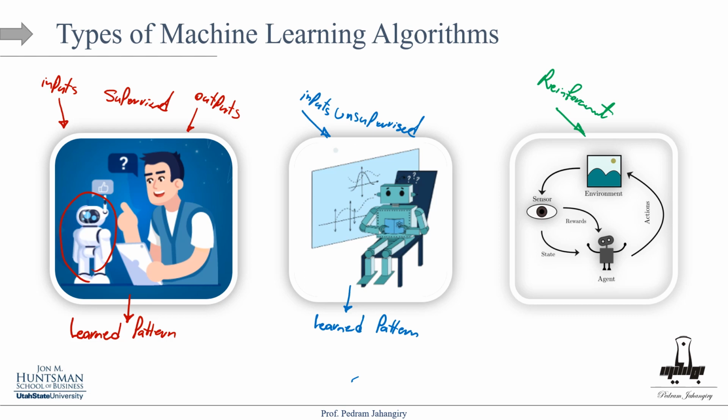There's an agent in this algorithm that is going to explore and exploit the environment based on some predefined states and actions, right? And then it's going to get feedback from the environment, and based on that feedback, it's going to come up with the optimal policy, the optimal path, through some trial and error.